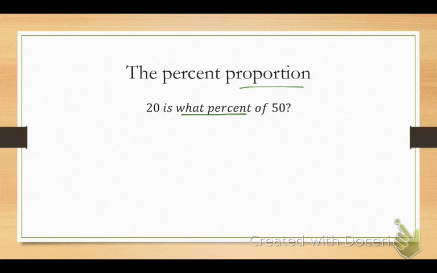So let's go ahead and solve this percent problem. Like I said, I'm going to use the proportion, but if you want to use the equation, you're more than welcome, okay? So is over of, or A over W, okay, so 20 over 50 equals P over 100.